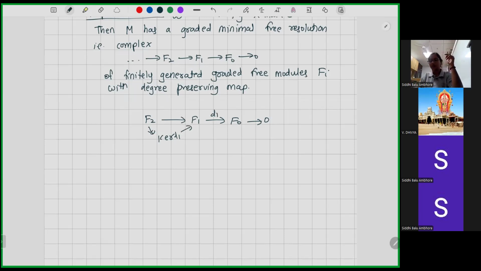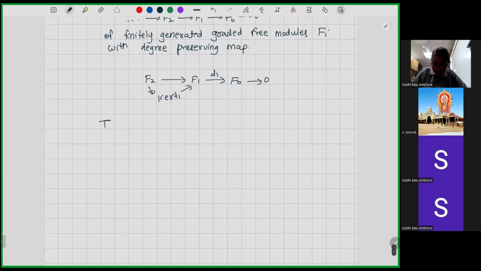Again we check the kernel of that map and continue. What we get are the minimal presentation matrices. And we want those to be degree preserving maps. In that case, we call it a minimal free resolution.